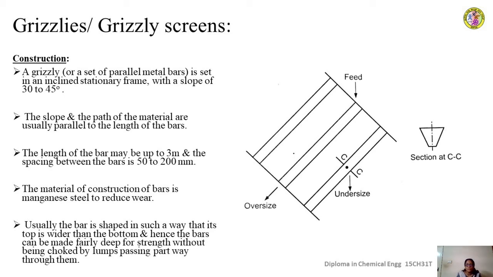The material used for constructing the bars is manganese steel, to have a wear-free construction, so that the material is chosen to withstand the abrasion. Each bar is provided a specific kind of shape. The top edge of the bar is wider compared to the bottom edge.